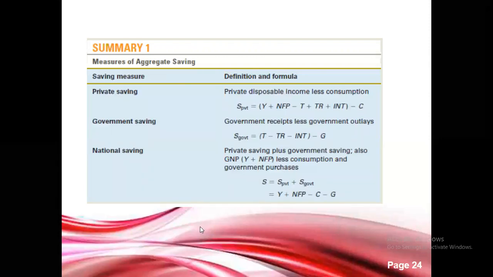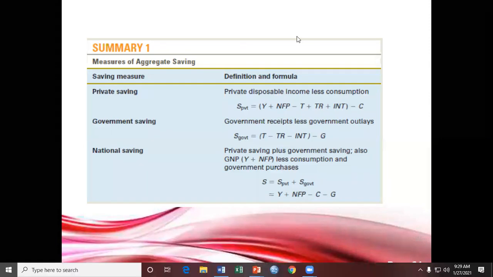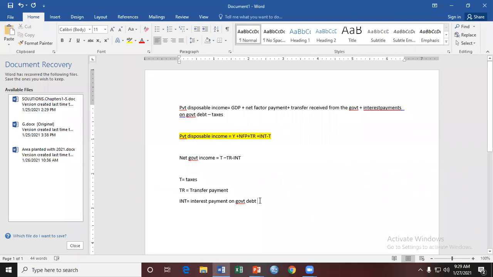Let's try this equation. National saving is equal to private sector saving plus government saving.